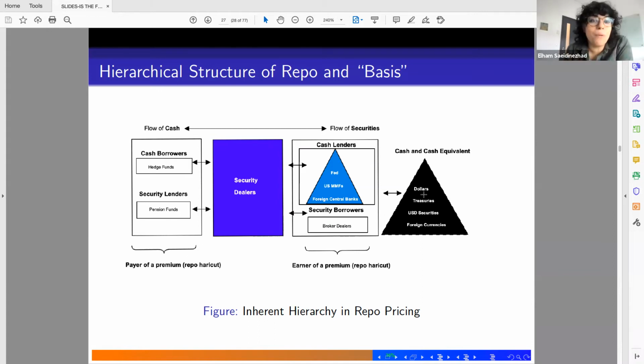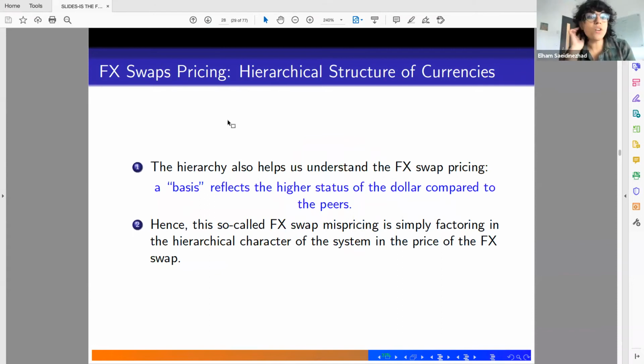But this premium is exactly what the CIP assumes doesn't exist. The CIP assumes there is no such premium because it is not based on, or it ignores, this hierarchical structure of financial instruments and currencies. So the breakdown of the CIP, which in the standard theories is called FX swap mispricing, and also refers to the existence of this basis or premium, is basically the reflection of the true pricing of the underlying collaterals.